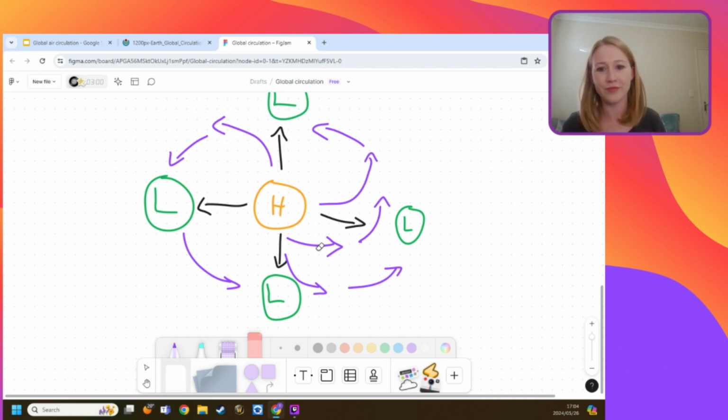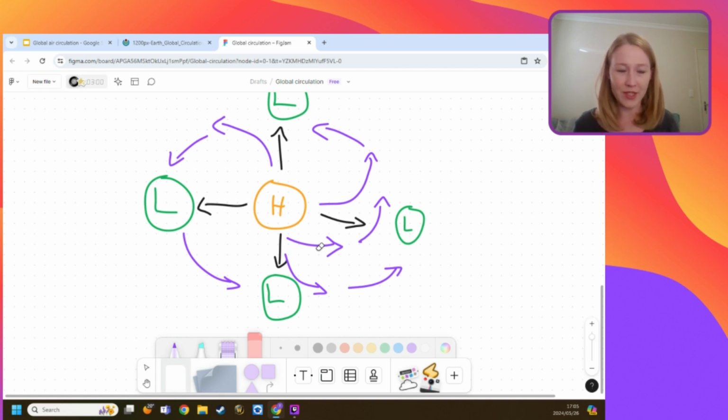So you'll notice that around the high pressure, when it's blowing away from the high pressure and deflecting towards the left, it's taking on an anti-clockwise movement. That is why anticyclonic is anti-clockwise in the southern hemisphere.